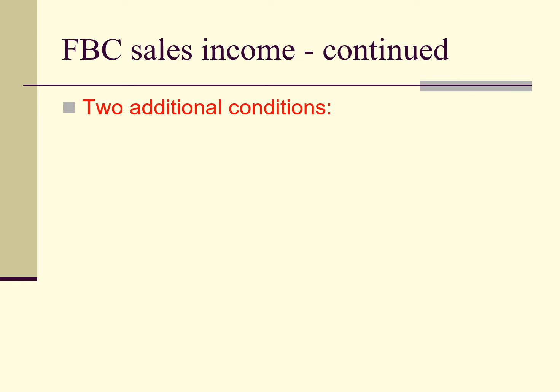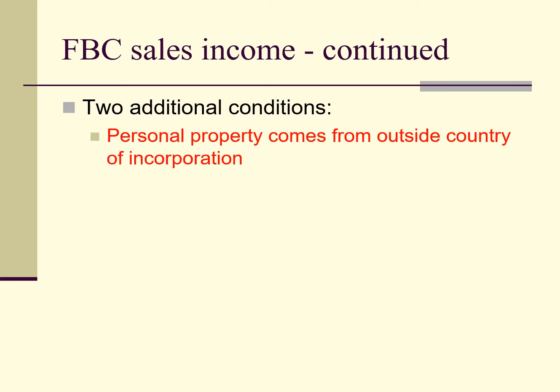There are 2 more conditions before there is FBC sales income. These 4 transactions will result in FBC sales income only if the first is property is manufactured, produced, grown, or extracted outside the country under whose laws the CFC is created or organized.